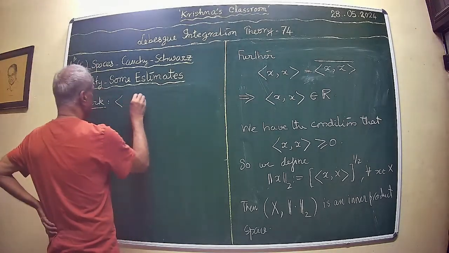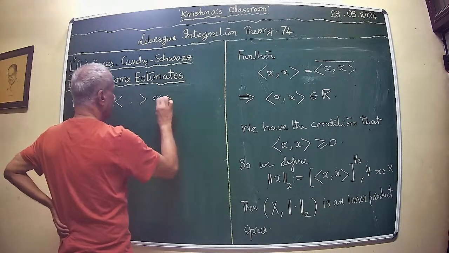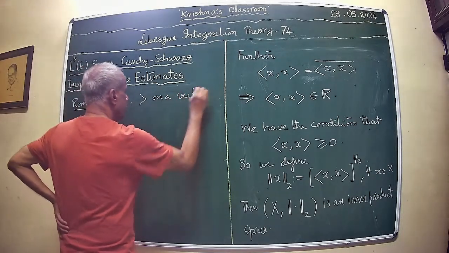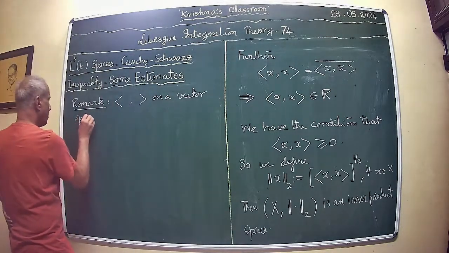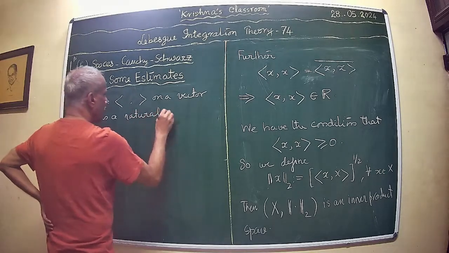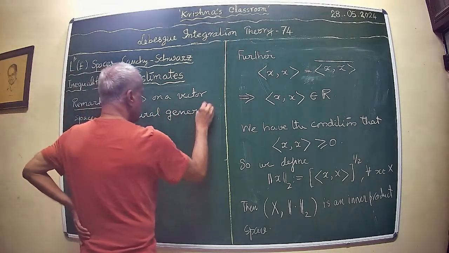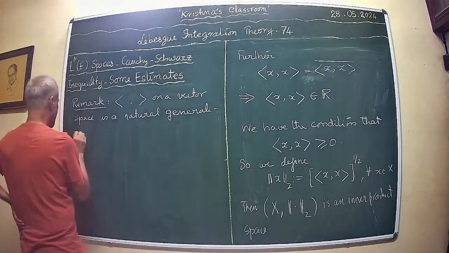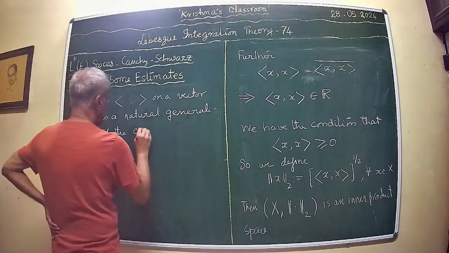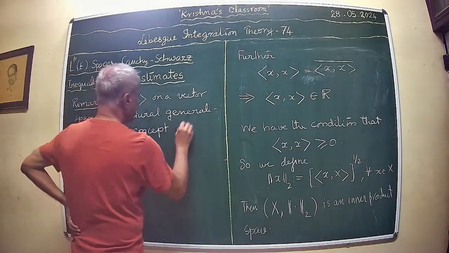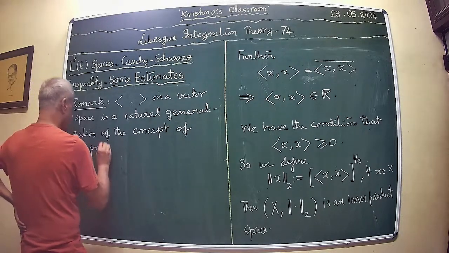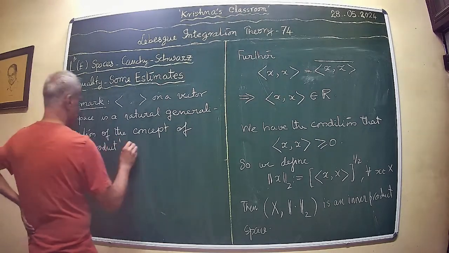Inner product on a vector space is a natural generalization of the concept of dot product.